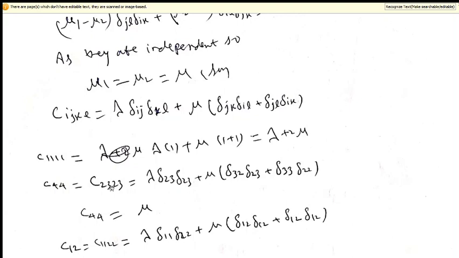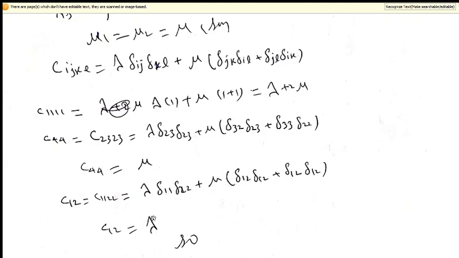So C44 can be written as C2323. So it would be lambda delta 23 delta 23 plus mu delta 22 delta 33 plus delta 23 delta 32. Here this is 0, this is 0, and we have mu, this is 1. Because of this, C44 is equal to mu. So the other three diagonal components would be mu, mu and mu.